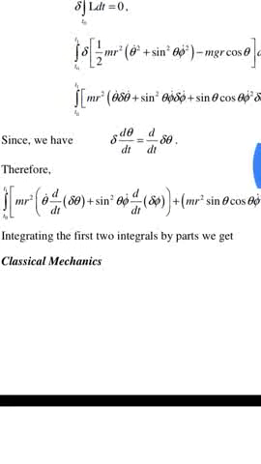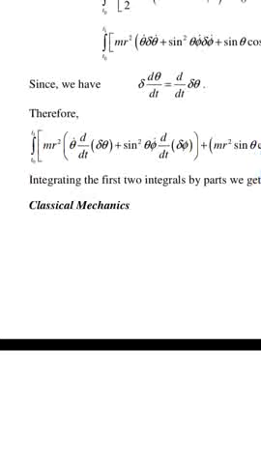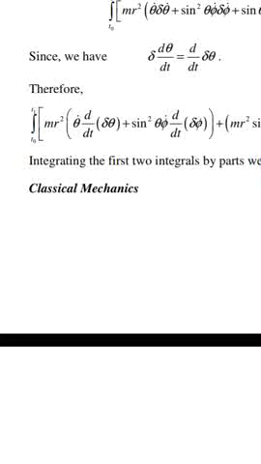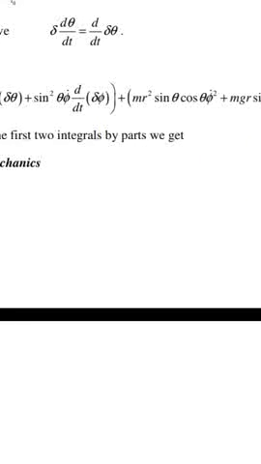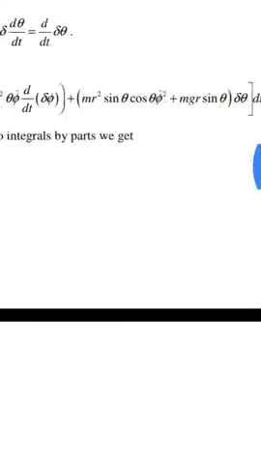Since d/dt of δθ equals δθ̇, therefore integral from t0 to t1 of [mr² θ̇ d/dt(δθ) + sin² θ φ̇ d/dt(δφ) + mr² sin θ cos θ φ̇² + mgr sin θ δθ] dt = 0.